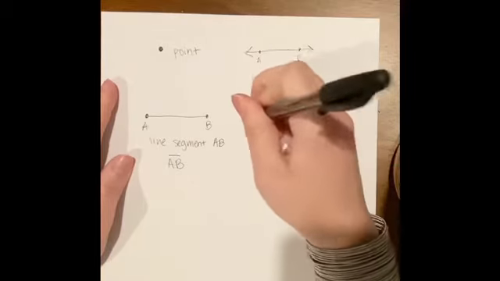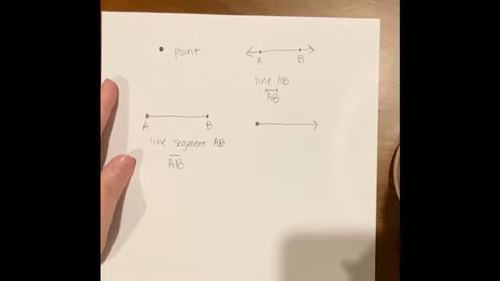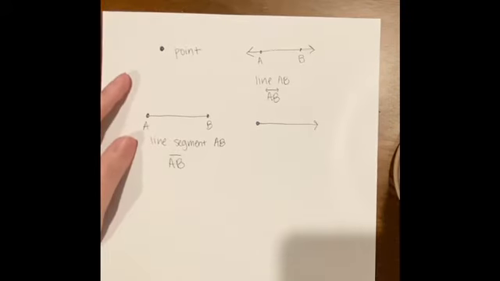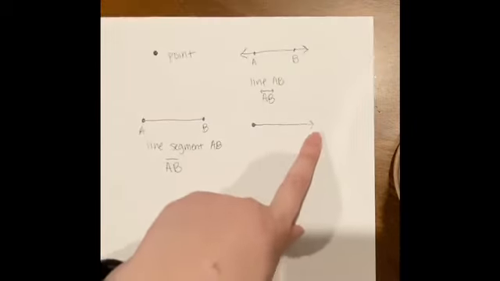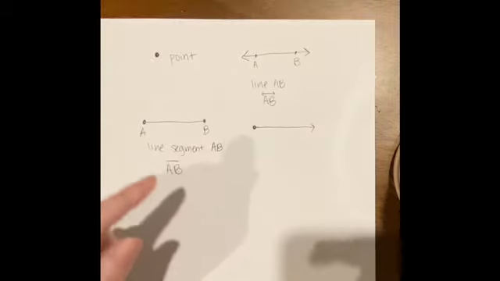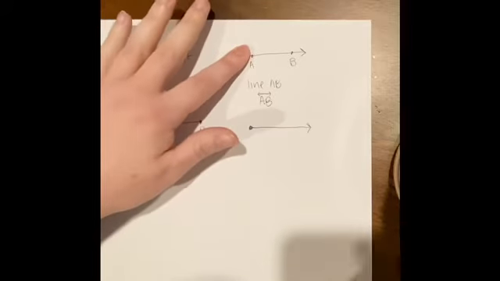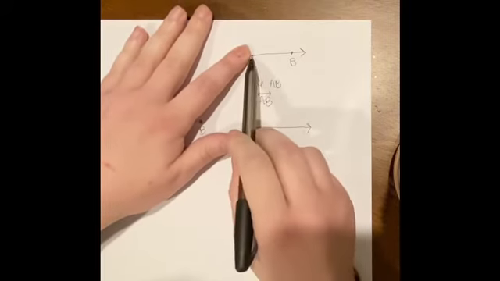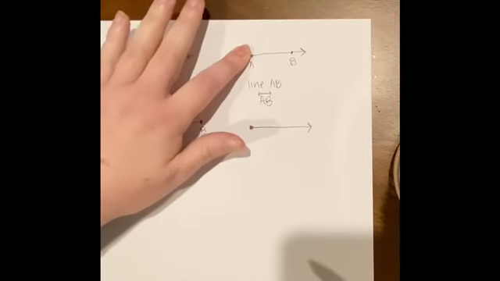And then lastly, with the lines, there is a ray. So a ray is a place on the line from one endpoint. It has one endpoint, and then the other side keeps going on forever. So it's the combination of a line and a line segment. So if we just looked at from point A and all the way keep going on, that could be a ray.